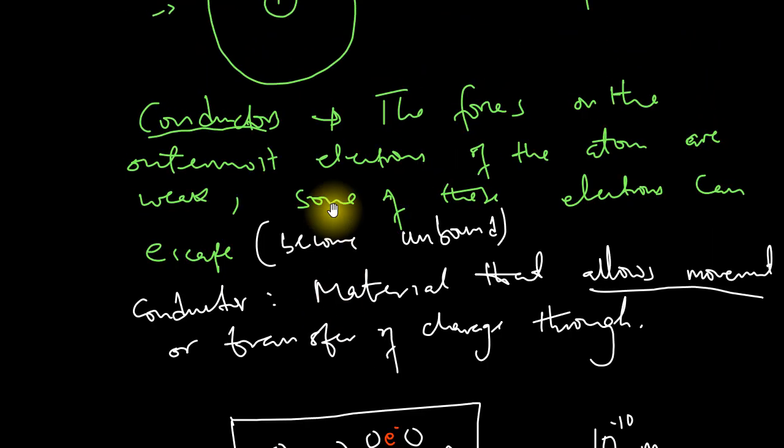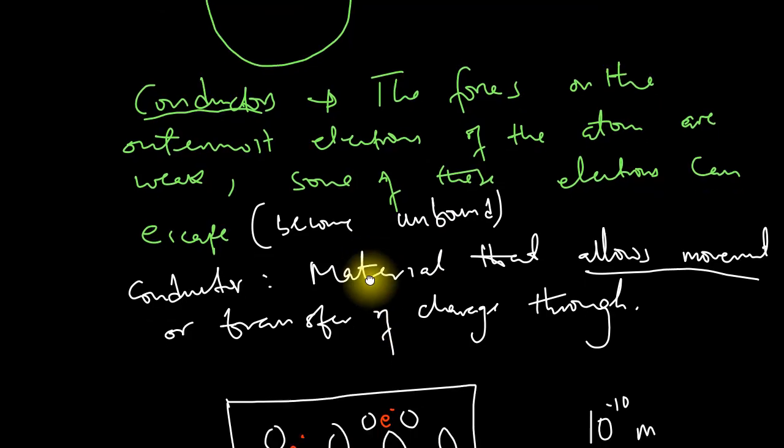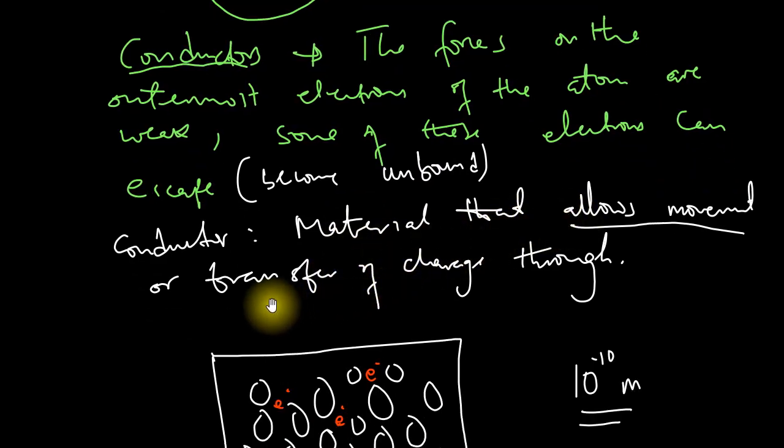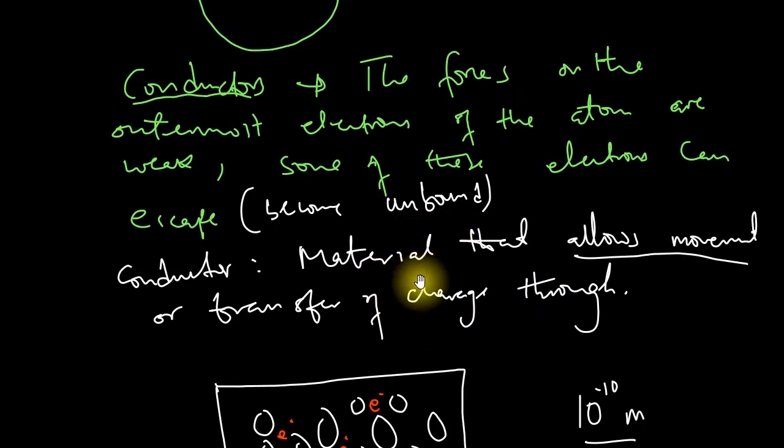Okay, so in conductors, the forces on the outermost electrons are weak, and some of these electrons escape from the atom and they become free or unbound. So a conductor is a material that allows the movement of charge through it, since it has free electrons that can move throughout.